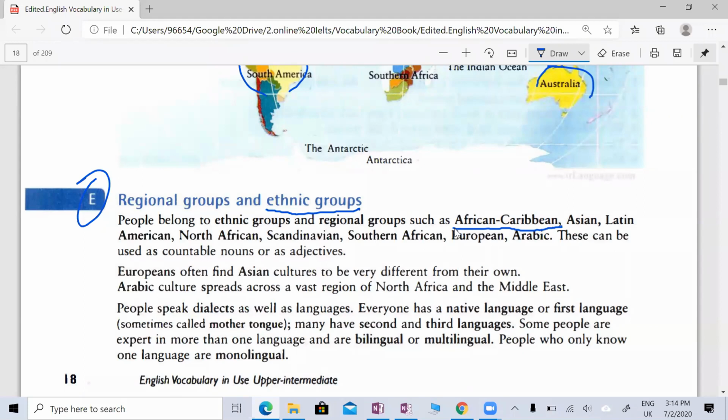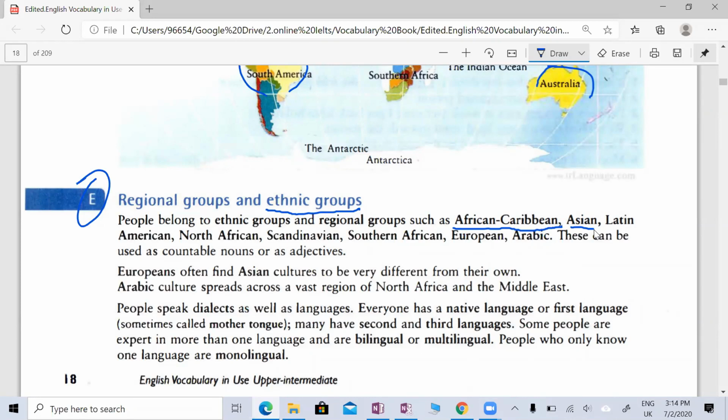So we simply say African Caribbean, and you will get which part of the world this person belongs to, or he is Asian. When someone says Asian, you know he belongs to the region covering Asia.